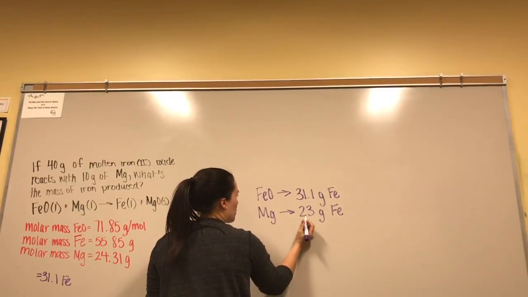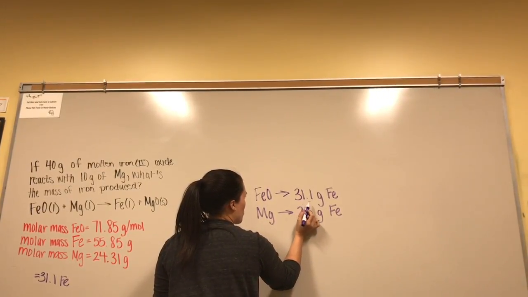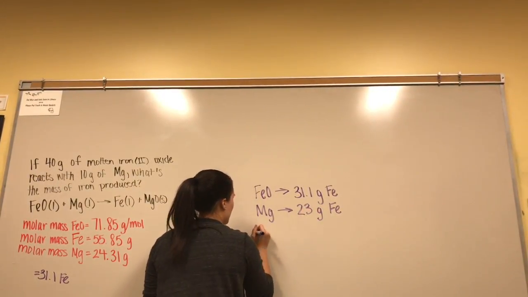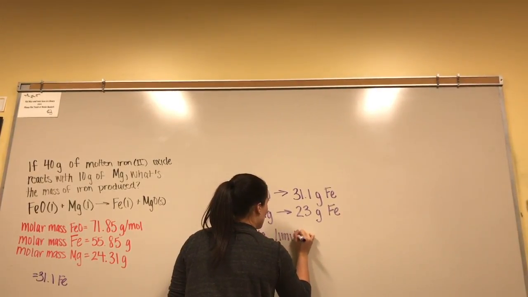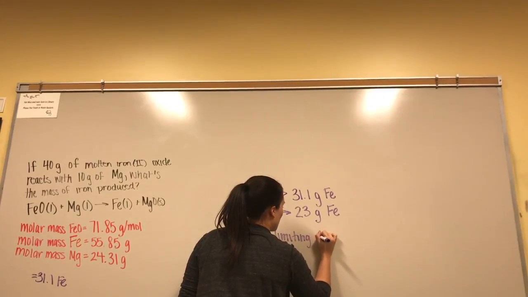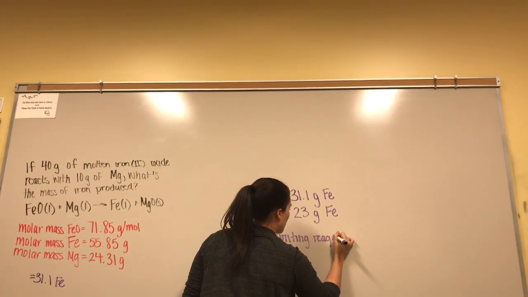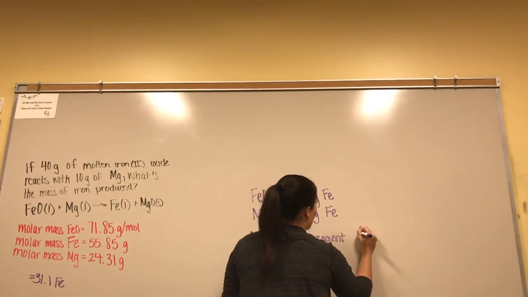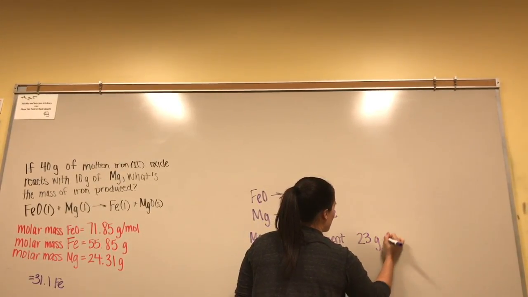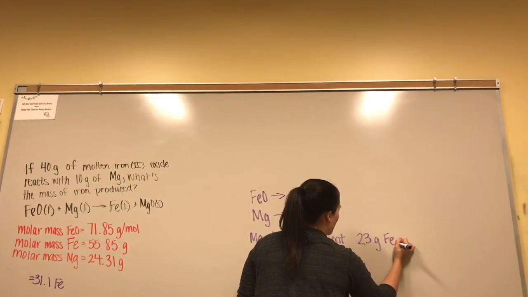And since the 23 is less than the 31.1 grams, you know that magnesium is your limiting reagent. And your equation produced 23 grams of iron.